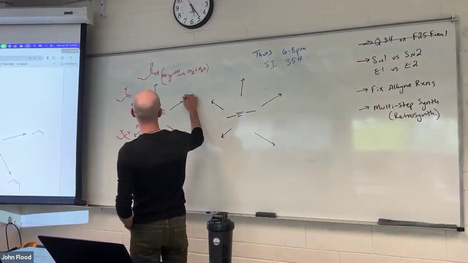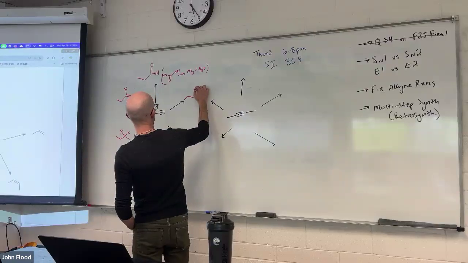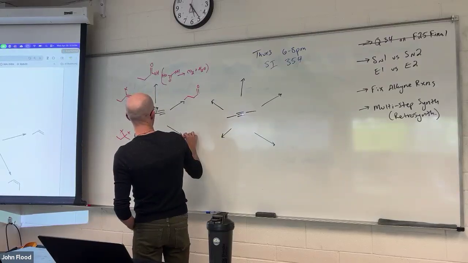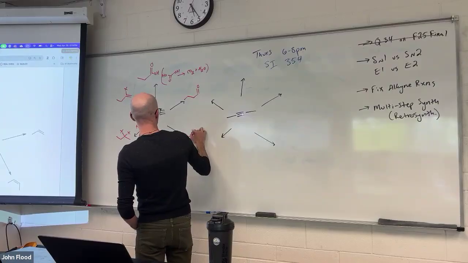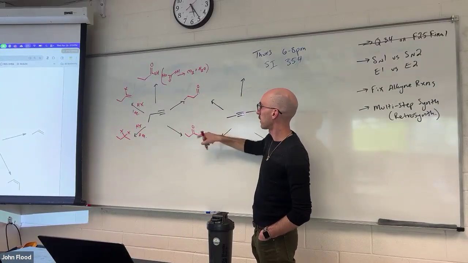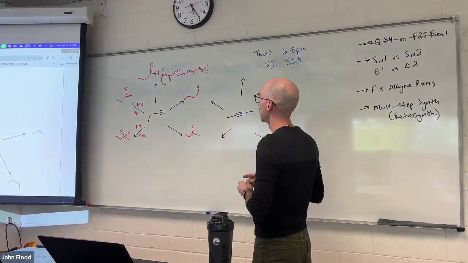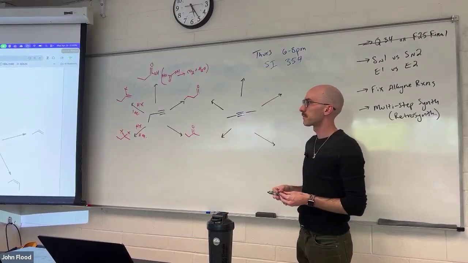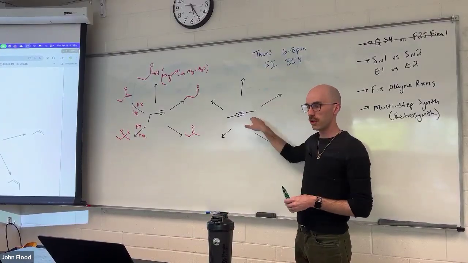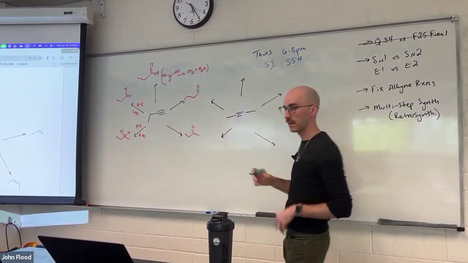And then on the right-hand side, showcasing that we have anti-Markovnikov hydration and we have Markovnikov hydration, so we can get a ketone or we can get an aldehyde. On the internal alkyne, there is some stereochemistry I wanted to highlight.